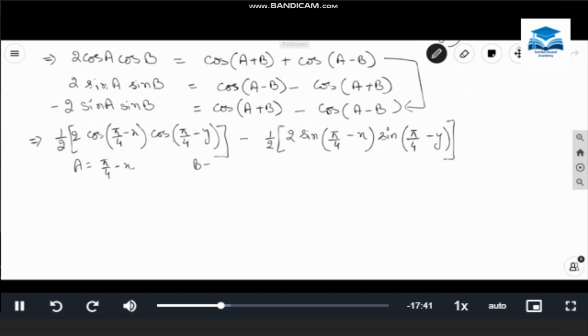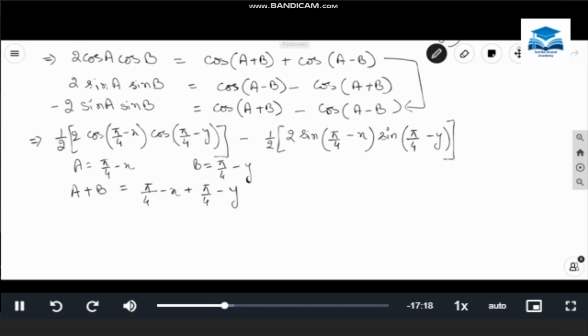B is equal to pi by 4 minus y. So firstly we find A plus B, then we find A minus B. So A plus B. Please be patient, otherwise your answer will be wrong in these types of questions.